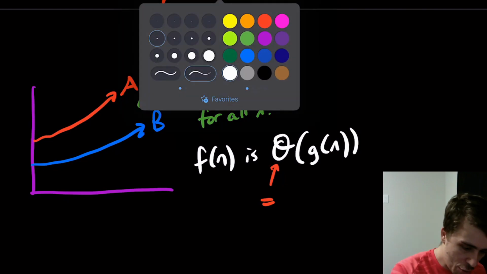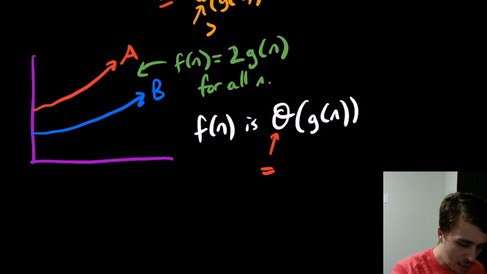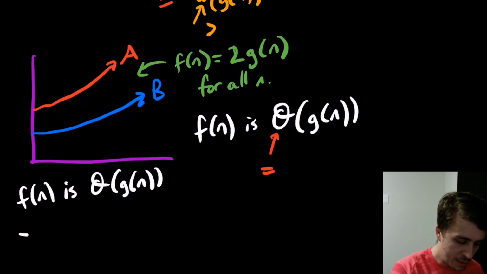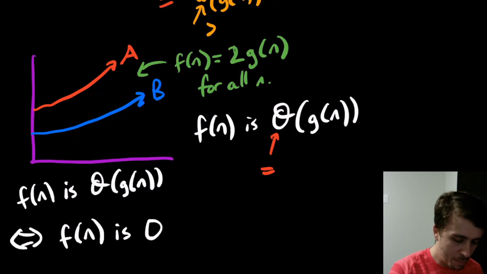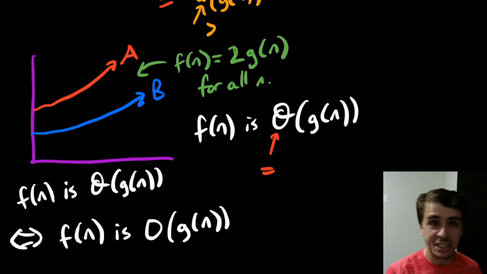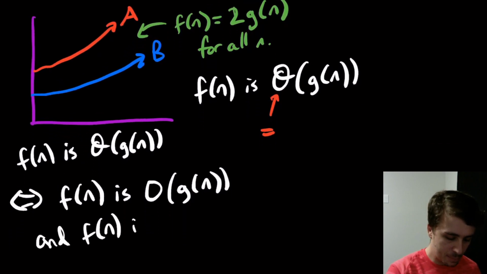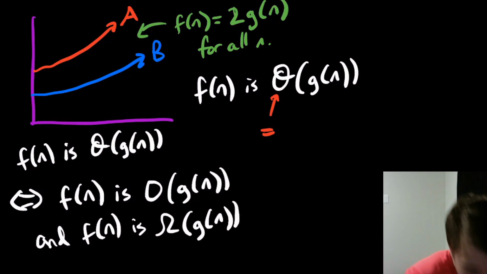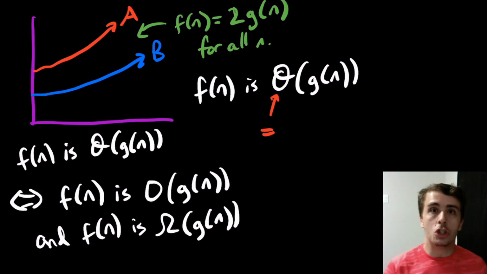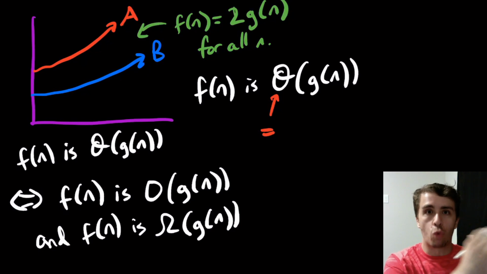And another way that you can actually think of this is that if you say that f of n is theta of g of n, then this is exactly the same thing as saying that f of n is big O of g of n, so it's less than or equal to g of n, and it's at least as big as g of n. So in some sense f of n and g of n are exactly the same. One grows at exactly the same rate as the other in terms of the relative difference.